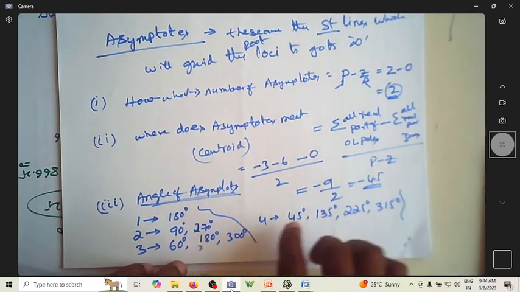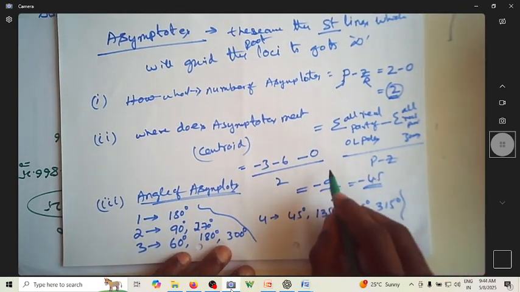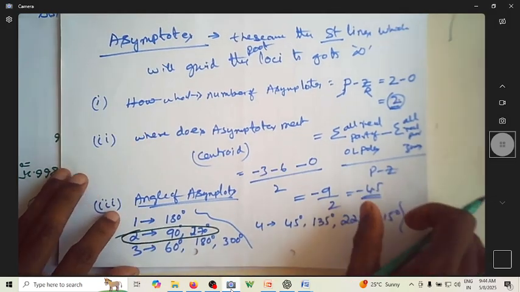Now, we'll come to all these things in the coming problems. In this case, how many asymptotes do you have? Two. So the angles are 90 and 270. So this is what we have.